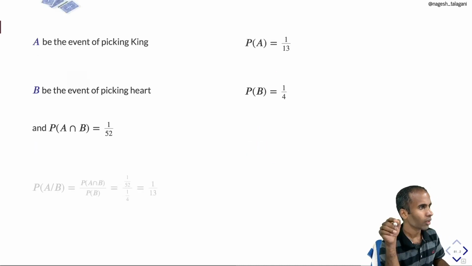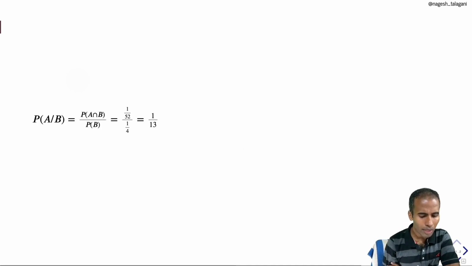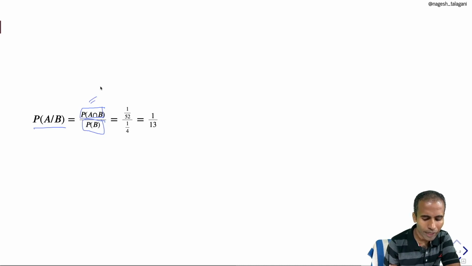Fine. Now the conditional probability of A given B: the probability of picking a king given that it is a heart. According to the conditional probability definition, it is the probability of A intersection B divided by the probability of B. We already realized that the probability of A intersection B is 1 by 52 and the probability of B is 1 by 4. So 1 by 52 divided by 1 by 4 is 1 by 13.